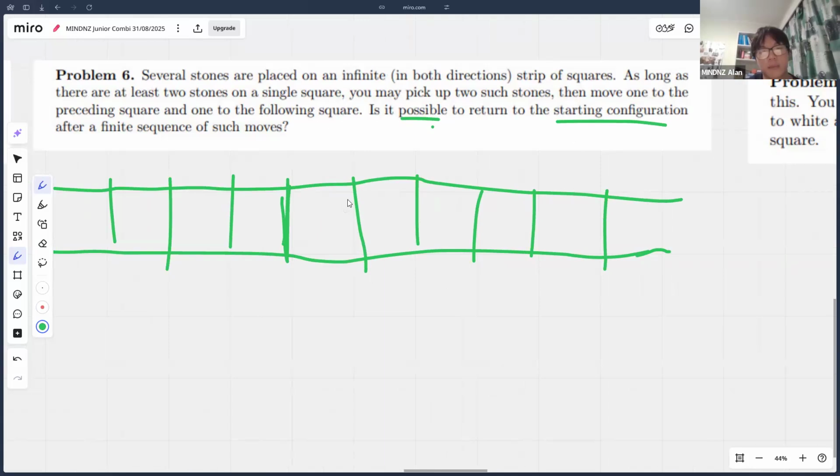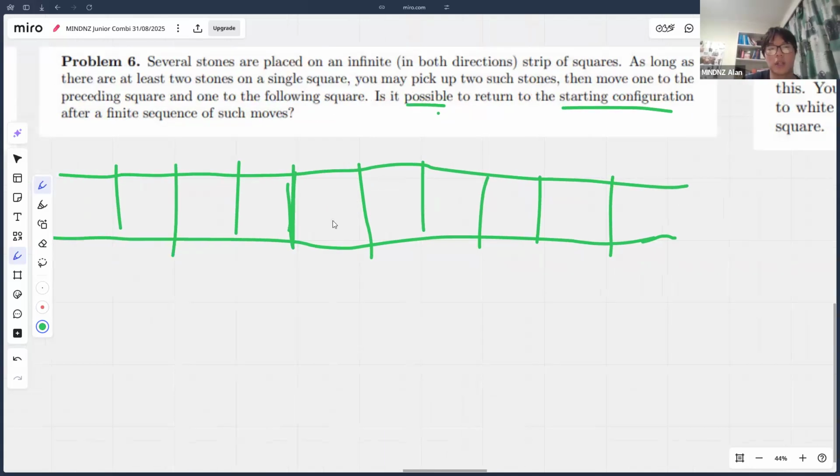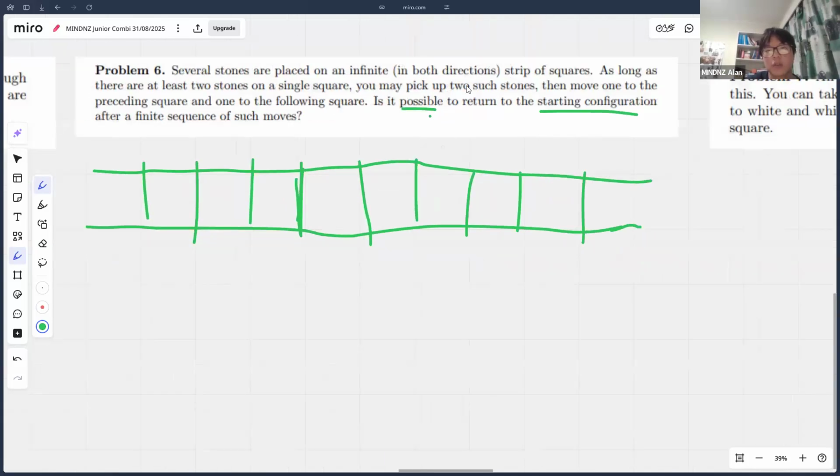But it's also strategic. So the way to solve this is to look at this: say we have 2 stones in the same square, and one moves over here and one moves over here. If we look at this from a big perspective, what happens to the overall positions of the stones? They will actually be moving away from some central position, right?